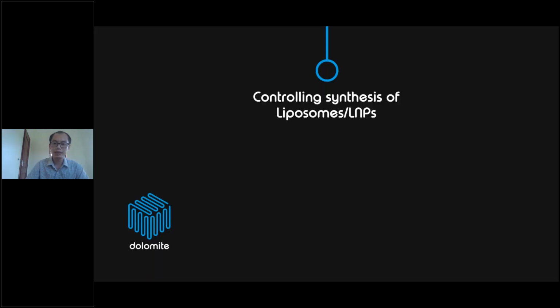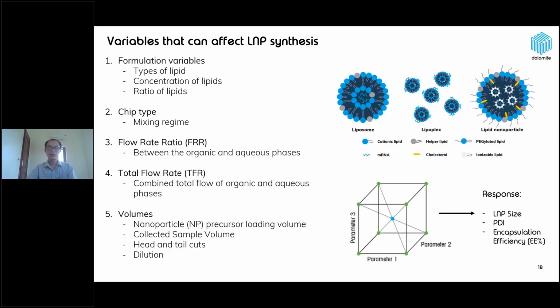So the next section, the next slide, we will learn about how to control the synthesis of liposome and lipid nanoparticles using the automated nanoparticle system. As we know, there are many variables that can affect lipid nanoparticle or liposome synthesis.